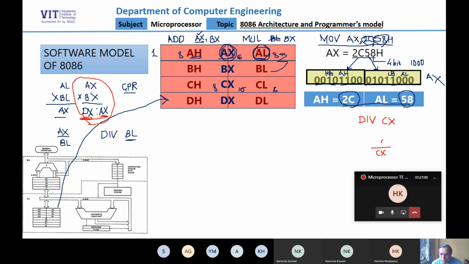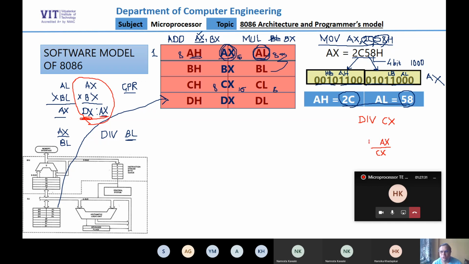By default AX is used as a numerator, but AX is just a 16-bit register, and the 8086 processor doesn't allow 16-bit by 16-bit division. It says whenever you want to have 16-bit division, the numerator should be 32-bit, denominator can be 16-bit. But I don't have any 32-bit register present inside 8086.